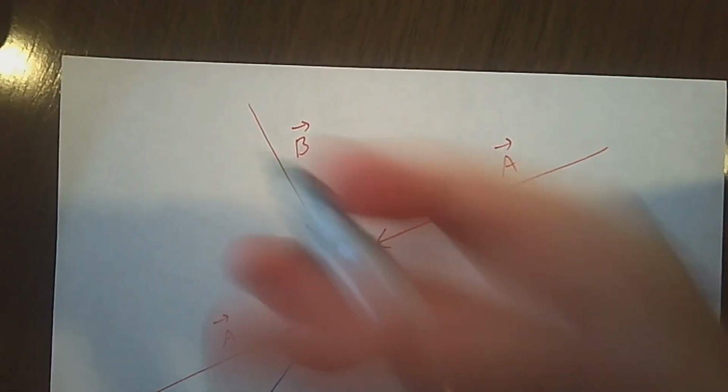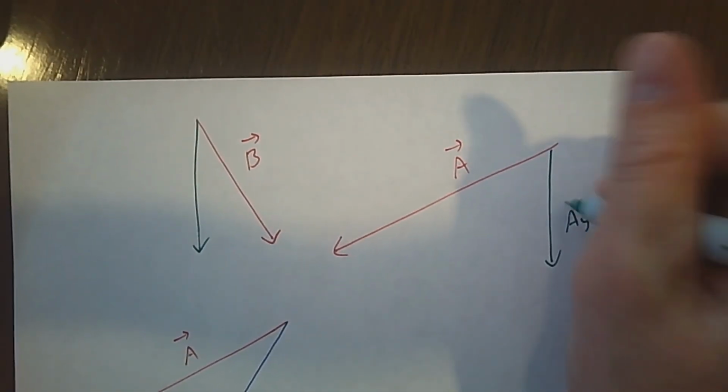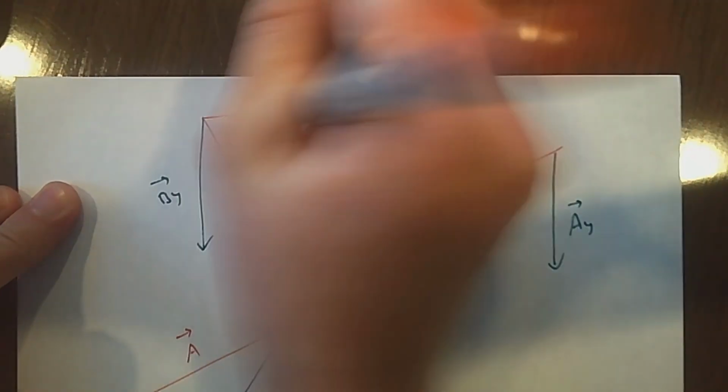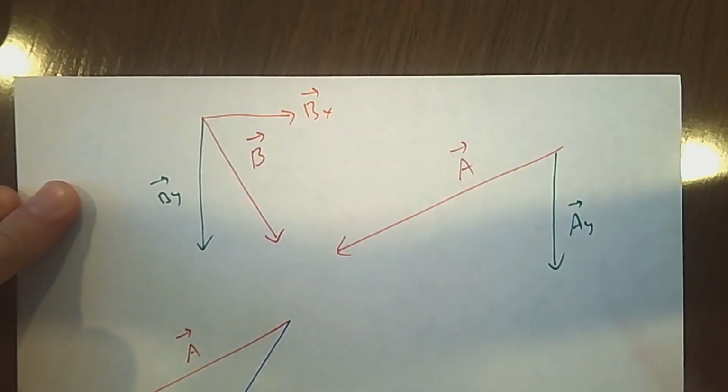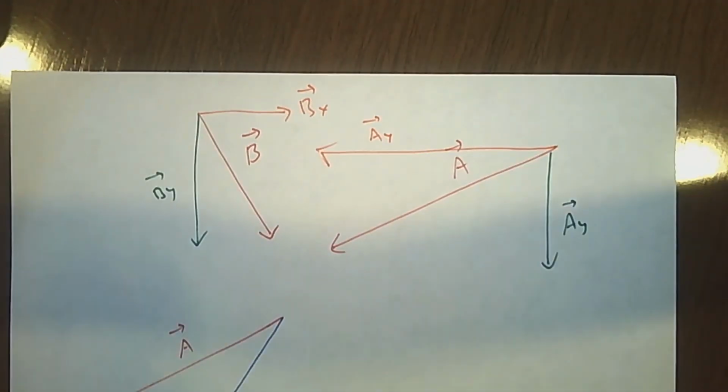So first, let me just draw BY and AY. I'll label those. And I'll use a different color to draw BX and AX.